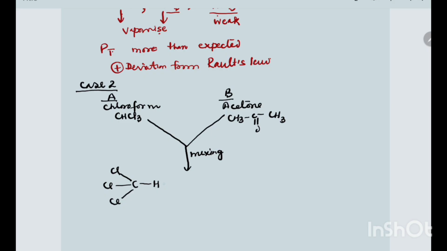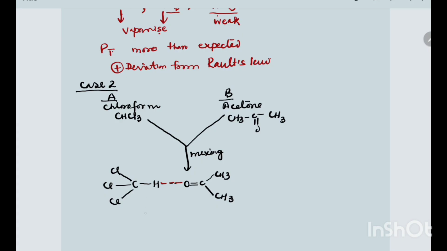Now the chances of hydrogen bonding between acetone molecule and chloroform molecules are here. If you can see, hydrogen and oxygen, they are now bonded together by hydrogen bond.